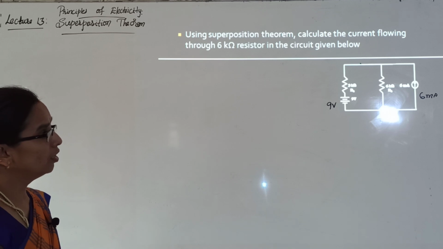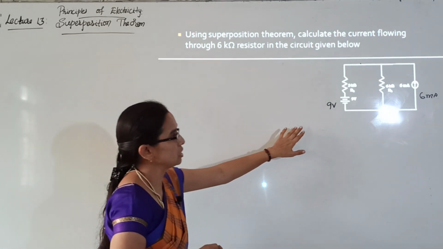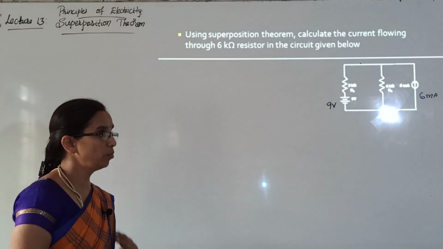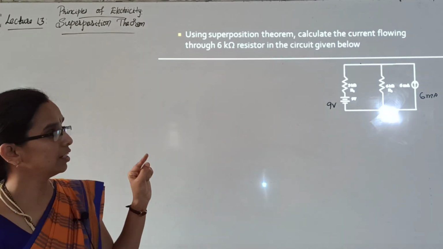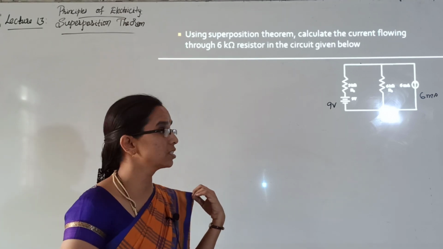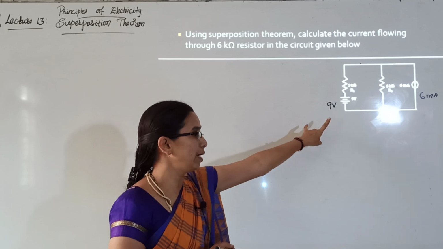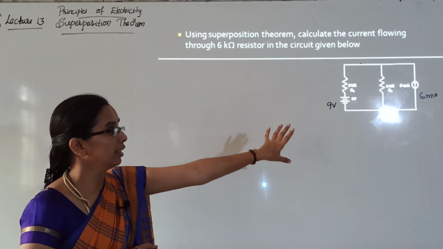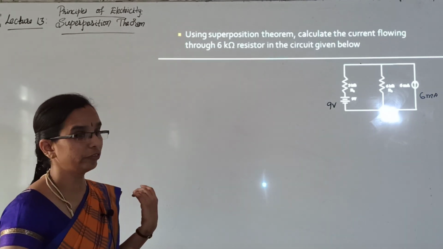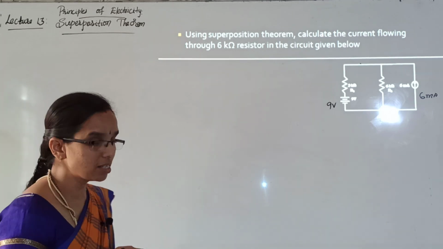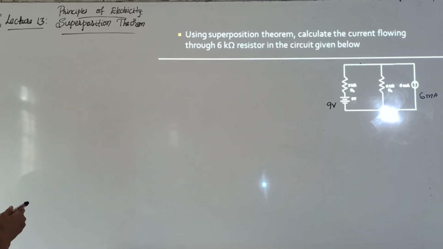So therefore first I will consider only voltage source and calculate the current flowing through the 6 kilo ohm resistor. Then I will consider only current source, 6 milliamperes current source. Then I will make this 9 volt battery short circuited, then calculate the current flowing through 6 kilo ohm. Finally we will add it up, we will get the current flowing through the 6 kilo ohm resistor.